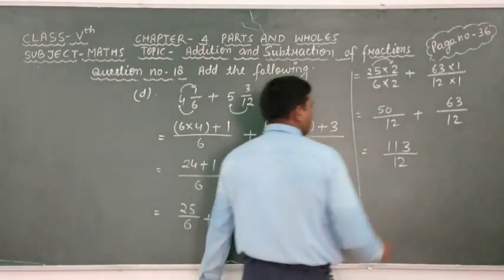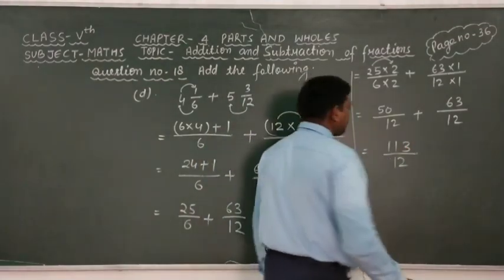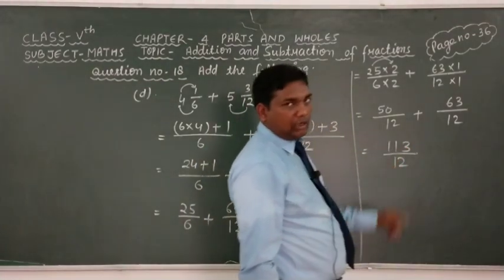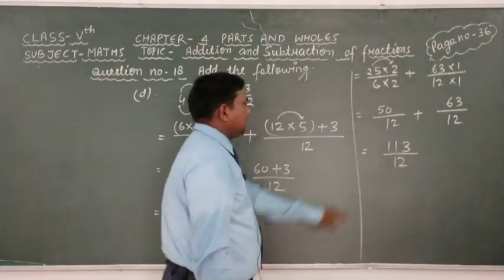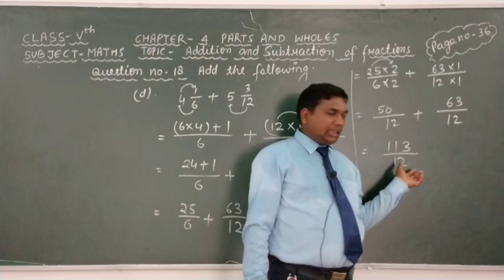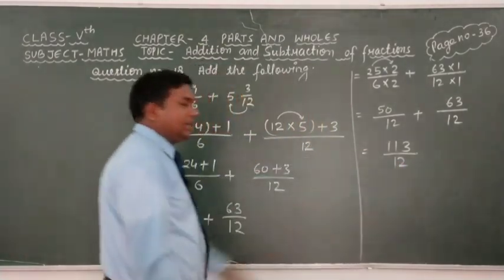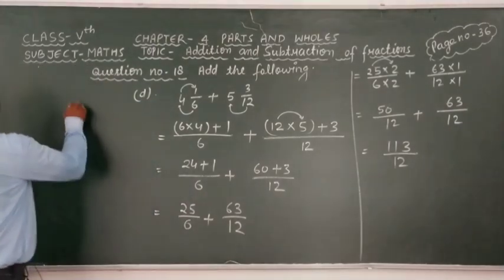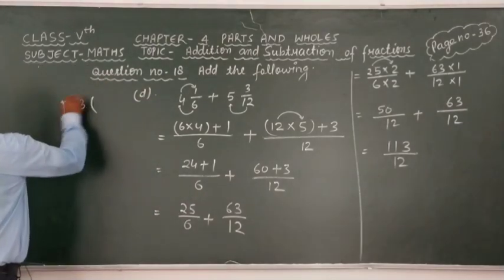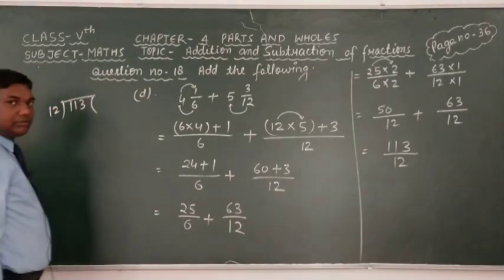Understand? Dear sons, here given that 113 over 12. Here we get 113 divided by 12. This is an improper fraction. Therefore we have to change the given improper fraction into a mixed fraction by taking the division of 113 by 12. Okay sons?